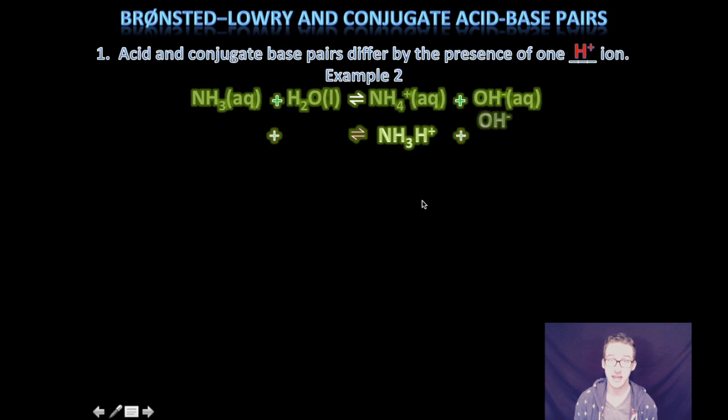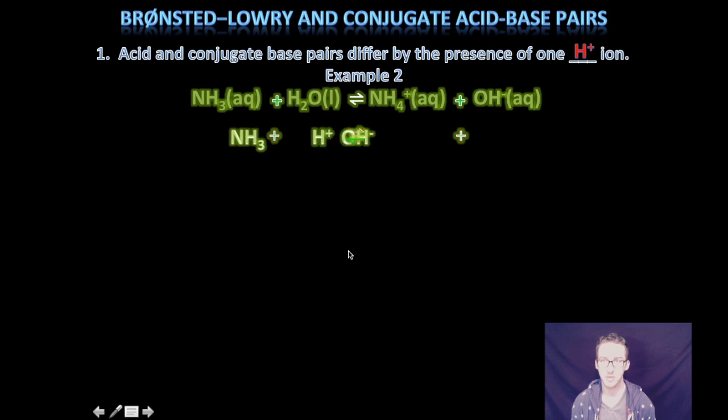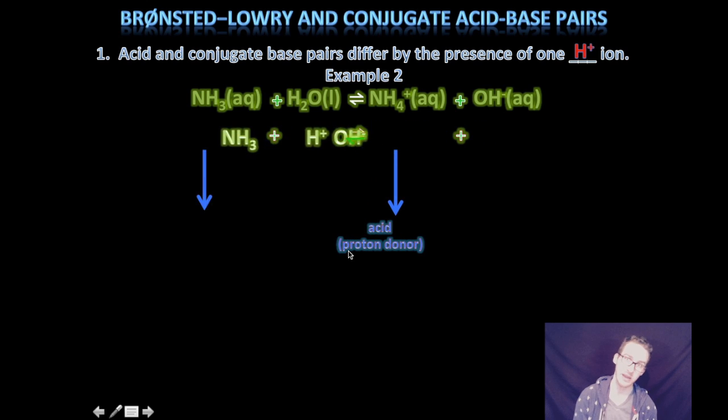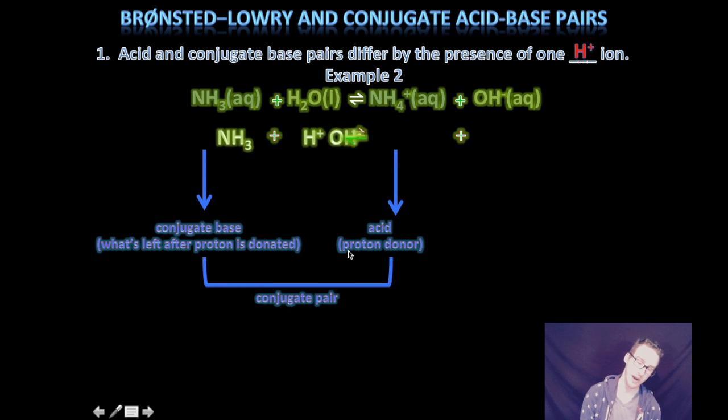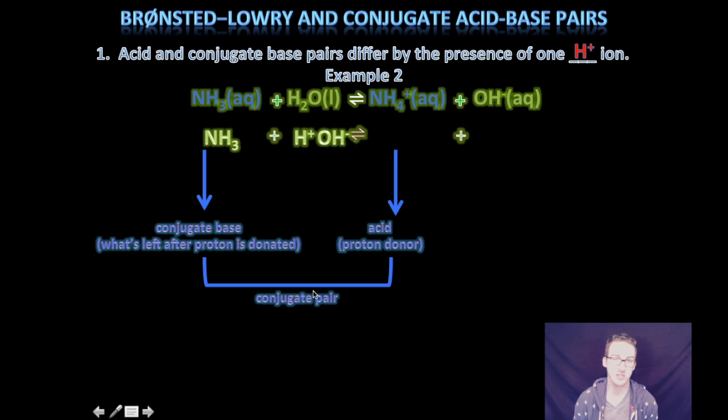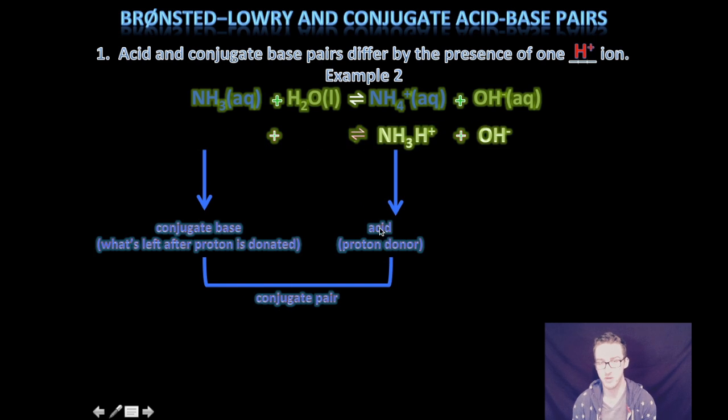However, let's look at this now in the reverse direction. The pairs have not changed, but now you just want to think about who's donating and who's accepting in the reverse direction. The ammonium ion is the acid. Its conjugate base in the reverse direction is ammonia. Remember, in the forward direction, this was our base, and its conjugate pair was the ammonium ion.